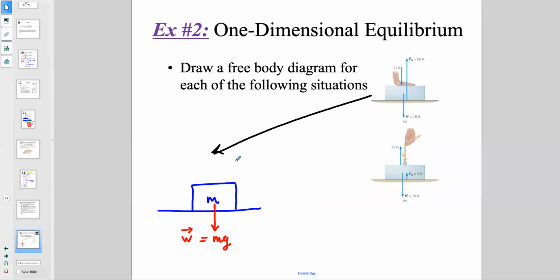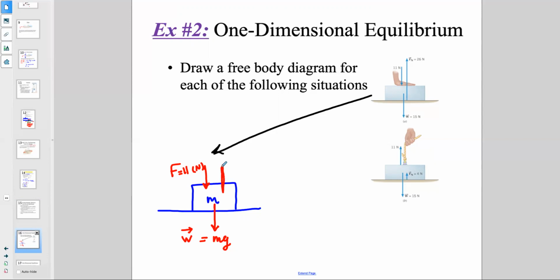And then we have another force being exerted by a hand, 11 newtons. So that is an F of 11 newtons being exerted by a hand. And then we have a normal force because of the surface.